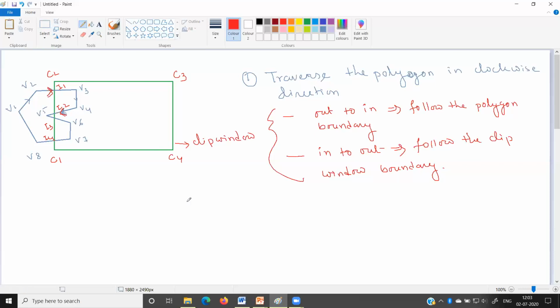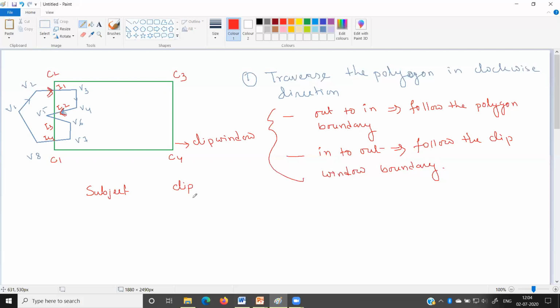Fine. So what do we have to do now? We have to prepare two lists. The first list is the subject list, through which we are moving. And the second list is the list of clip vertices.